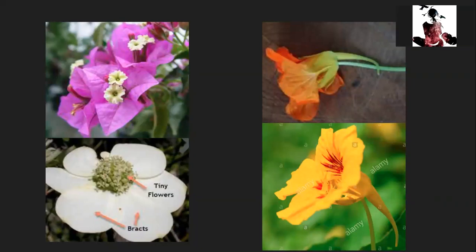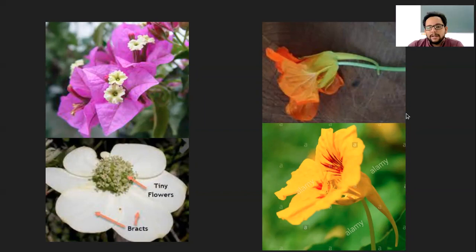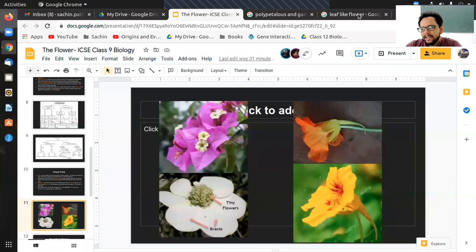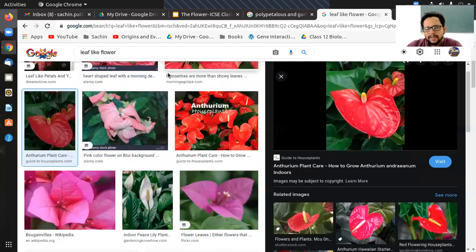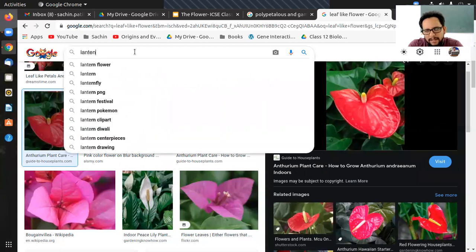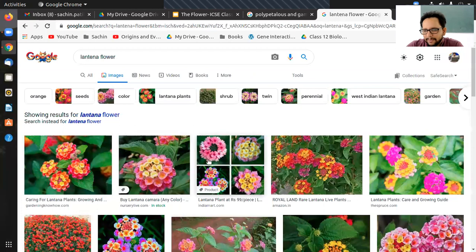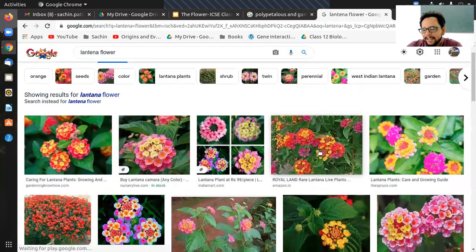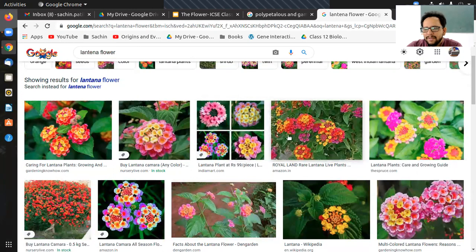So I was saying in school there are a lot of flowers from which we can suck nectar. I don't know if you have ever tried to suck in the nectar through them. The common one that we used to do is lantana. If you know this lantana species, these flowers you would have seen very commonly on the campus or even around the villages.